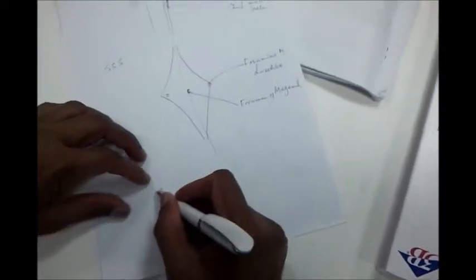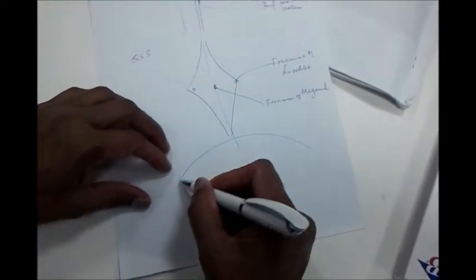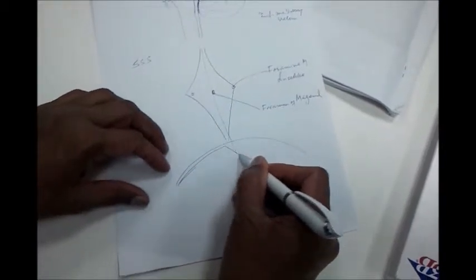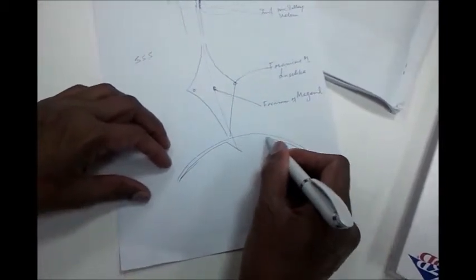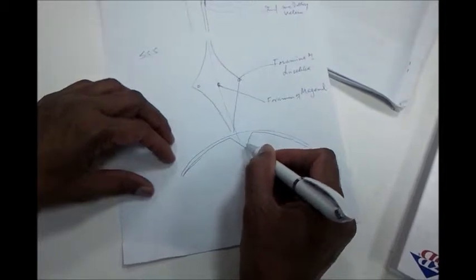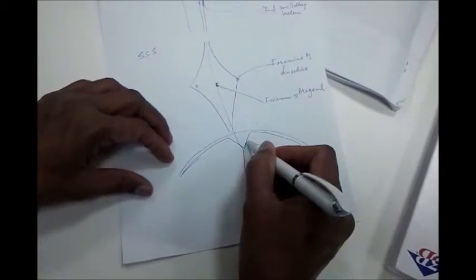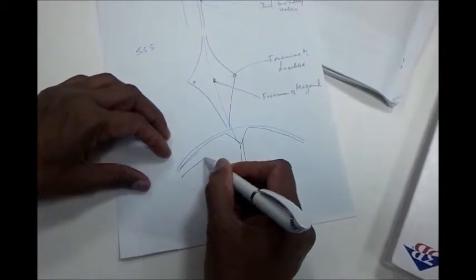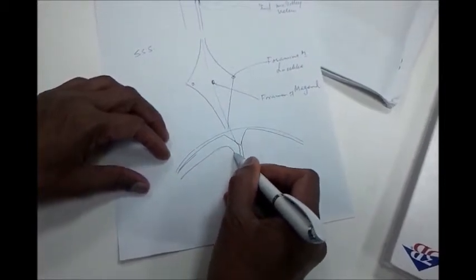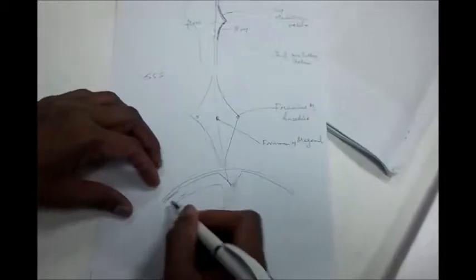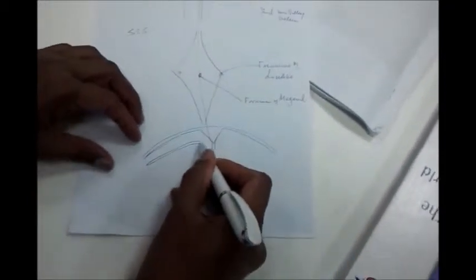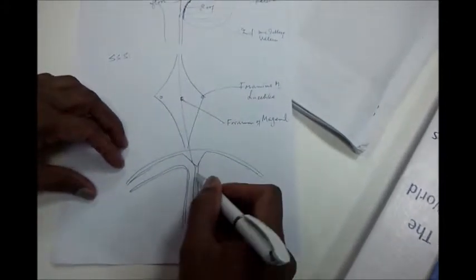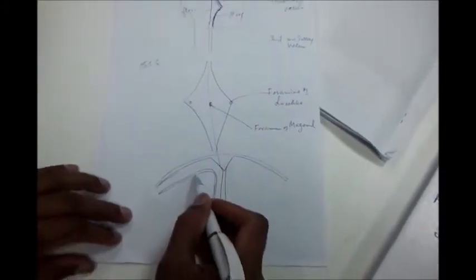If you make a section of the head, as we have mentioned many times, this is the dura mater which comes like this, and this dura mater goes down to make the falx cerebri. Then we have the arachnoid matter and the pia matter, with fluid in the subarachnoid space.